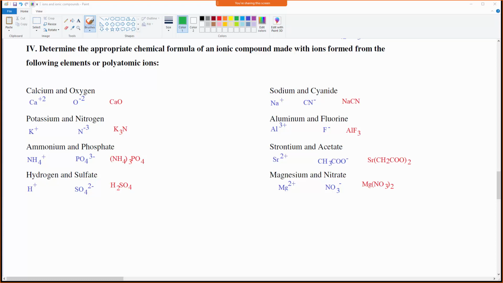If we encounter an ion that we don't know the charge of, we can use what we know about ionic compounds to predict what that is. So here's how we're going to do it, predicting the charge in reverse.